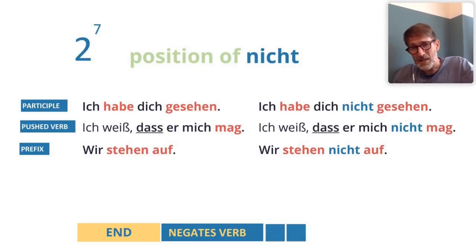Basically, the nicht in these cases is at the end, but the pushed verbs overtake the nicht and therefore make it seem as if the nicht is the second last position. But logically, the nicht is still at the end, negating the verb. Yeah, does that make sense to you? Let that sink in a little bit. Maybe in the review you can take more time making sense of this.